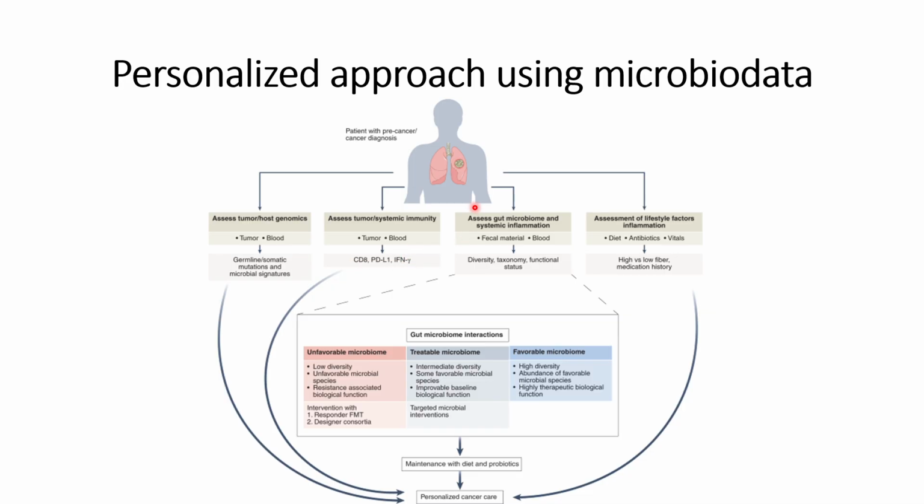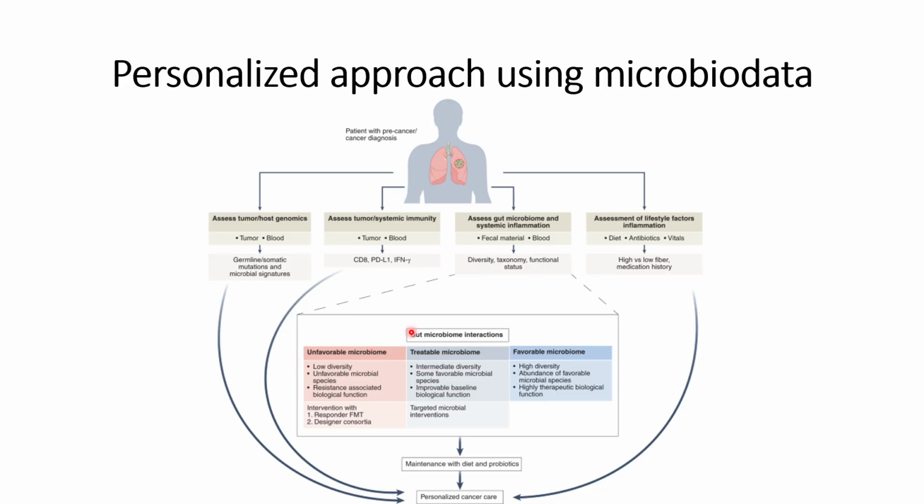And the important thing considering this topic is assessing the gut microbiome and systemic inflammation. You need to check the patient's gut microbiome, how it is compared to healthy patients, and what differences it has. So it can be categorized into three categories.